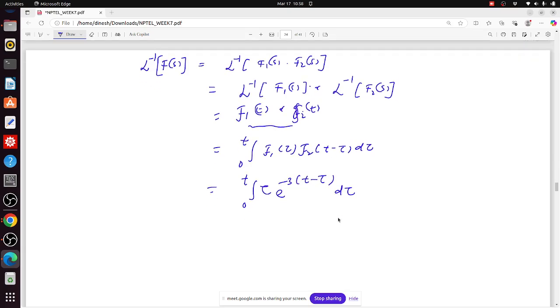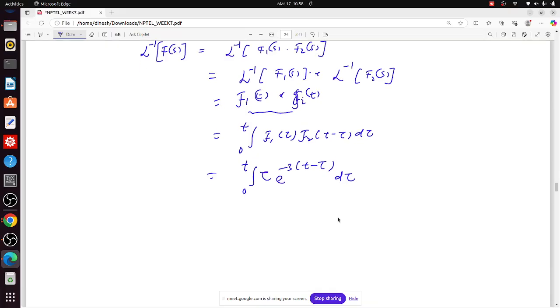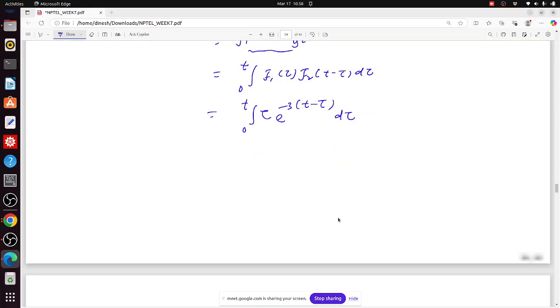After the integration, by parts integration we will get e power 3t times, tau e power 3 tau by 3 with limits 0 to t, minus e power 3 tau by 9 with limits from 0 to t.